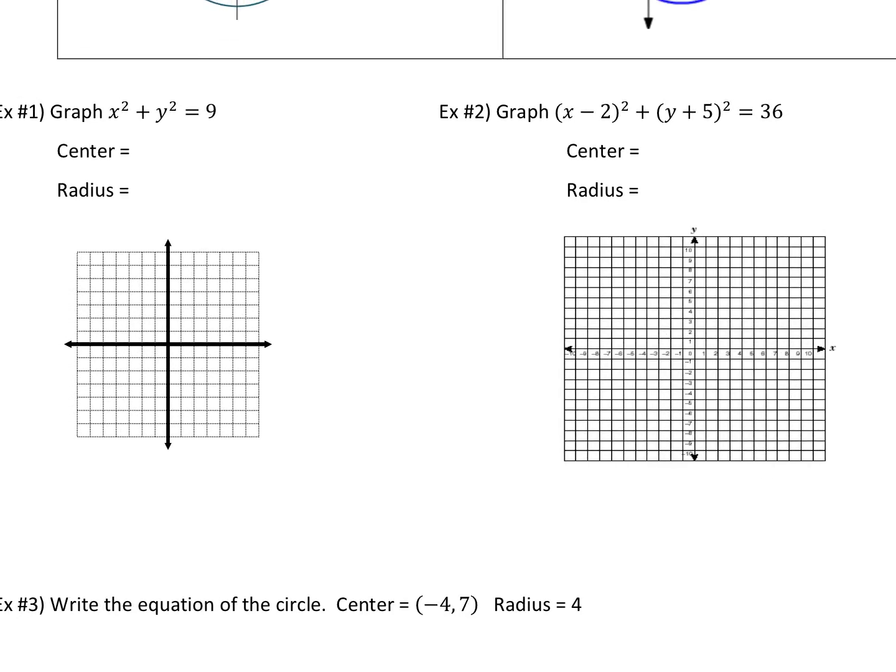So when it's x squared plus y squared equals 9, what's your center? 0, 0, right? Your center is 0, 0 if there's nothing behind the x and nothing behind the y. So go ahead and plot a center. Okay, that's the center of our circle.